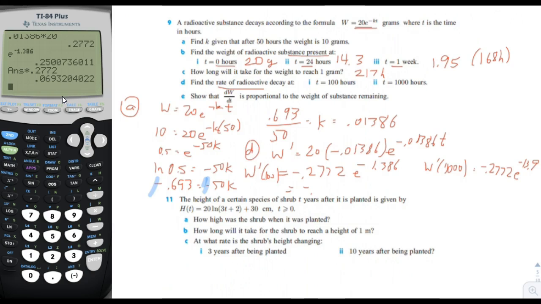Okay, negative 0.0693. And so that is the rate of decay at 100 hours.